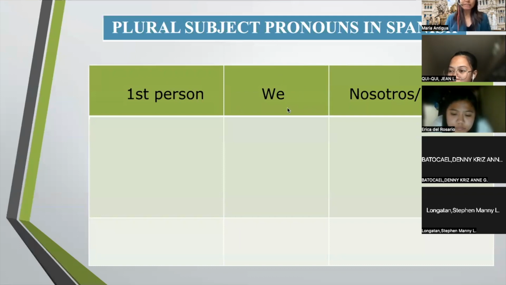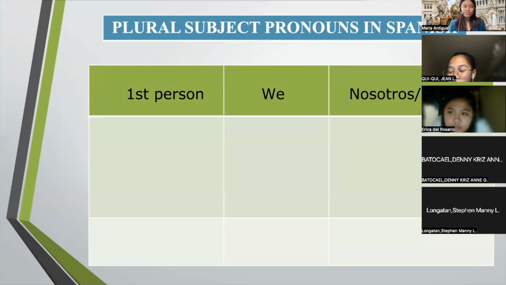Because we're using plural na, so if the group of speakers or the group of the doer of the action are male or masculine, you use nosotros. If the group is feminine, you use nosotras. What about if it's a mixture of both feminine and masculine?